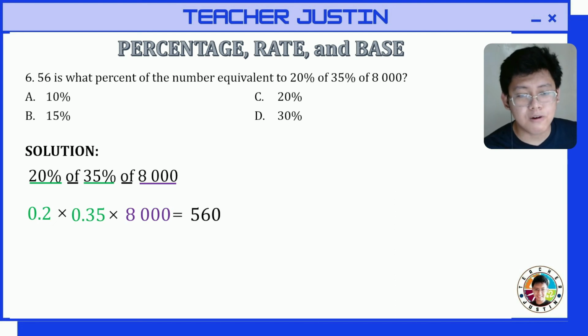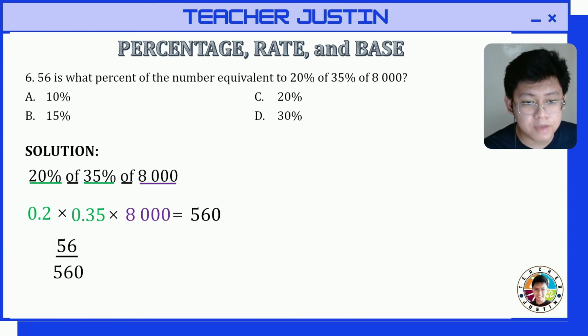Ayan. Now, according to the problem, nakalagay dito is 56 is what percent of 560. So, ko-convert natin to fraction. So, yung mauna will be 56 and we will divide it by 560. Ayan. So, kukunin natin kung anong percent yan by dividing 56 by 560. So, let's try to simplify it first para mas lumiit yung number.